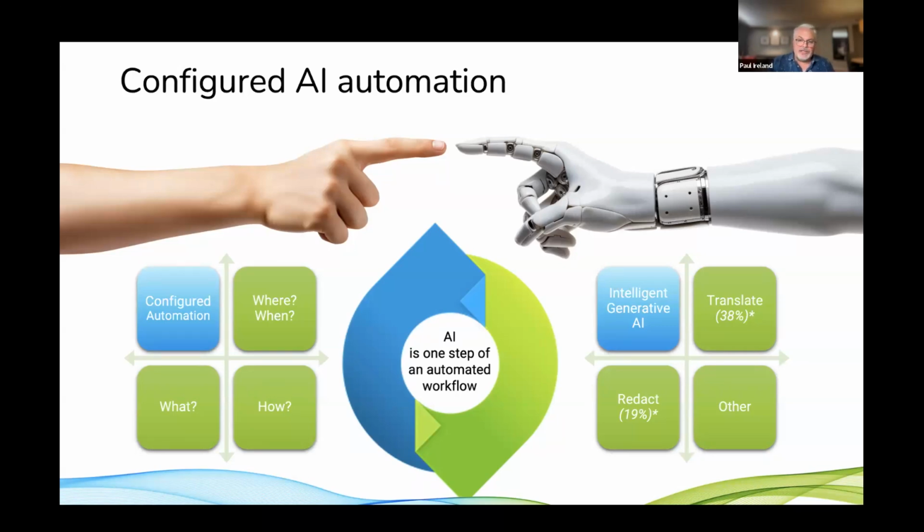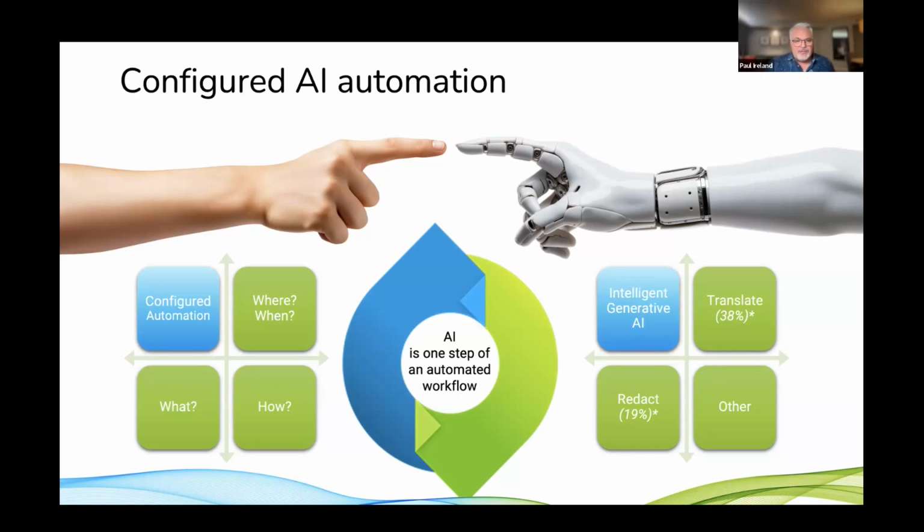But then you can pull in these intelligent generative AI steps as well that perform specific functions in that flow, whether that's translating the content that's flowing through the platform, whether it's redacting from the content, or some other future requirement as well. You'll see percentages here, 38% and 19%.